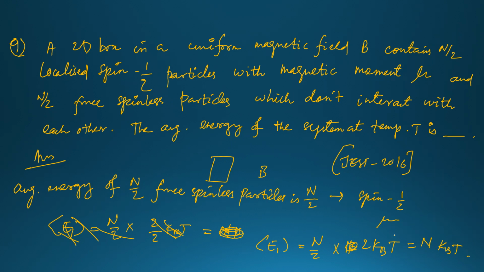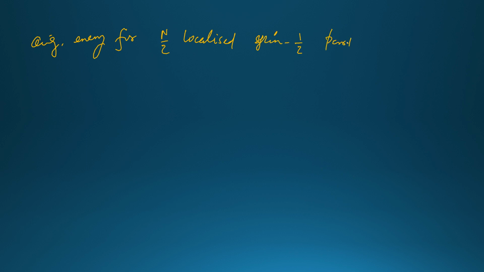Now the average energy for n by 2 localized spin-half particles is E2, equal to n by 2.